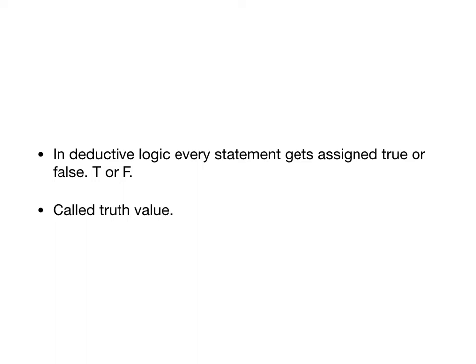You can represent this with a T or an F. Remember, like I said, deductive logic is all or nothing. So you can also think of this as ones and zeros, right? Again, if you think about computer programming, you can probably see how this is very useful for representing stuff there, right? If we can put everything as 1 or 0. But anyway, this is called a truth value.